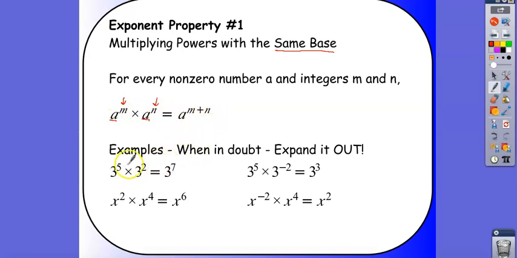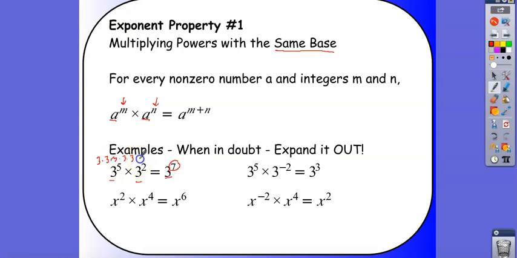If you have 3 to the 5th and 3 squared, 3 is the base. It's the same over here, it's a 3. So what I can do is say 5 plus 2 is 7. Same base, but you add the powers. Now when I say when in doubt, expand it out, look at this. You have 5 3's multiplied together.